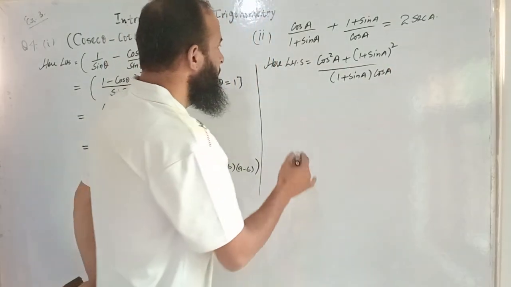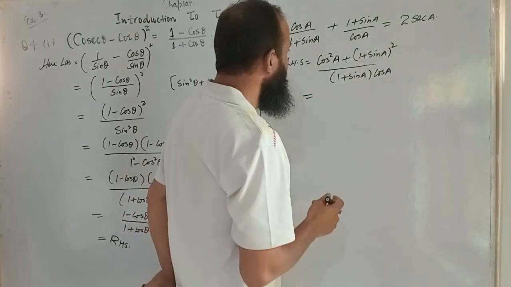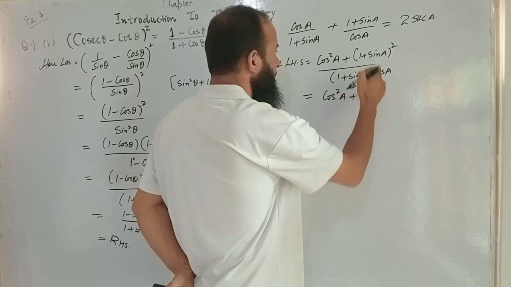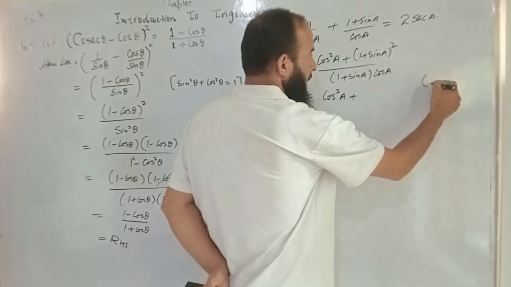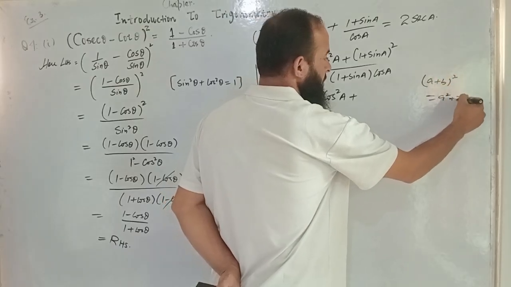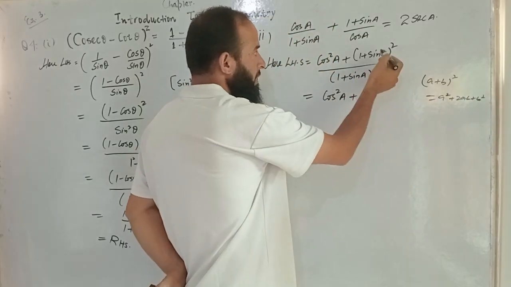So this can be written as cos square A plus (1 plus sin A) whole square, because we know the identity (a plus b) whole square is equal to a square plus 2ab plus b square. Let's use this identity here.